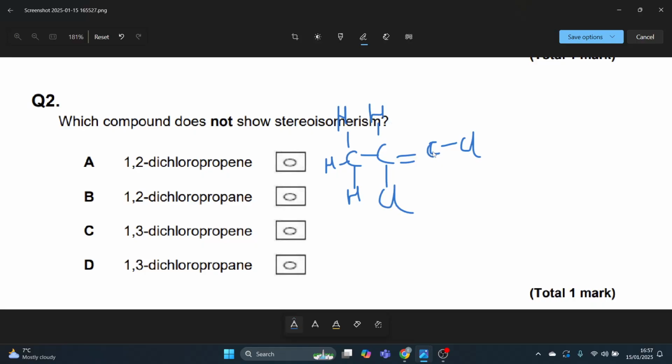Obviously we remove 2 hydrogens because of the carbon-carbon double bond. So will that show stereoisomerism? Yes, it will. Look at this carbon: 1, 2, 3, 4 different groups. So that will show stereoisomerism.